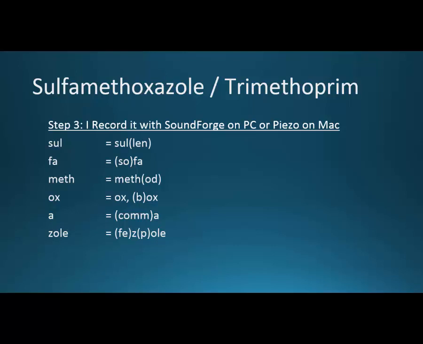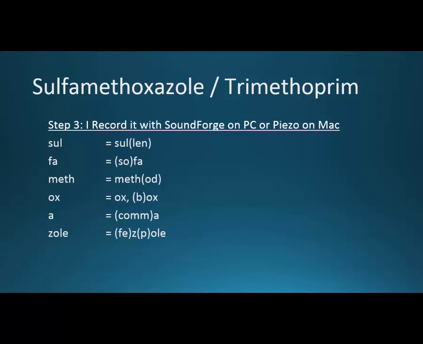You can either record it as, and this is how you would do it in a linguistics class, now I say sullen, or now I say sul from sullen, now I say fa from sofa, now I say meth from method, now I say ox from ox, and so on. And then you would cut away what's not the drug name.